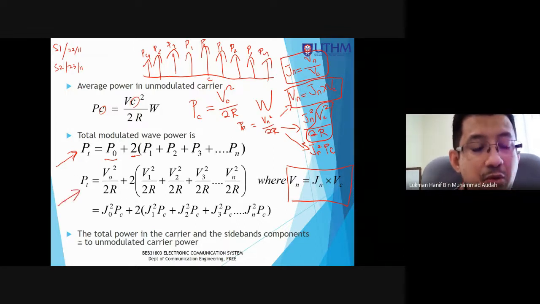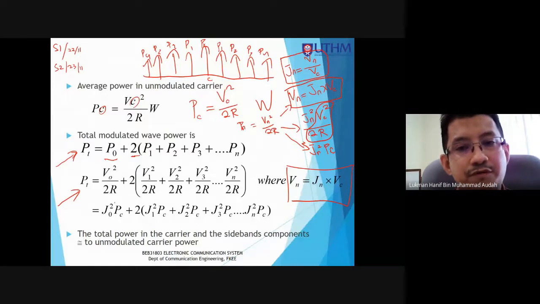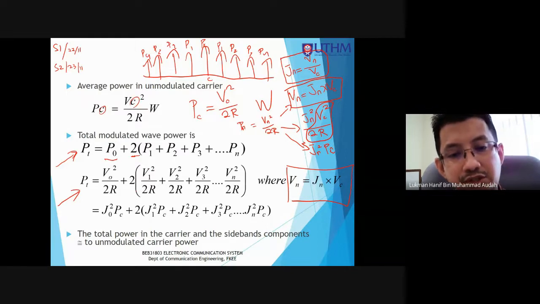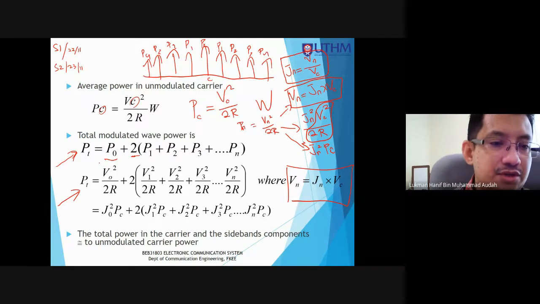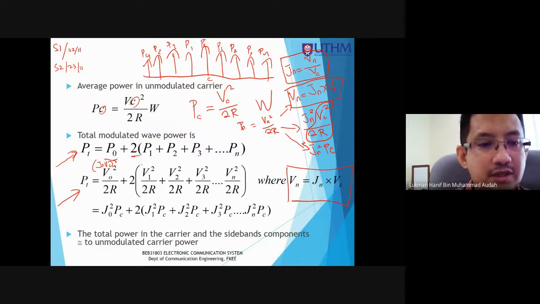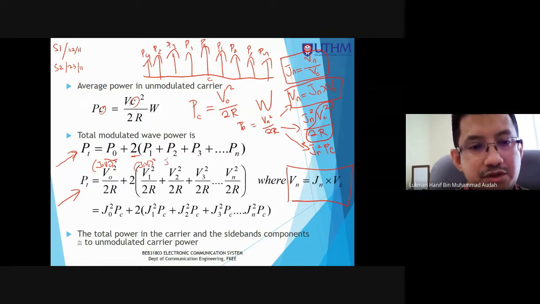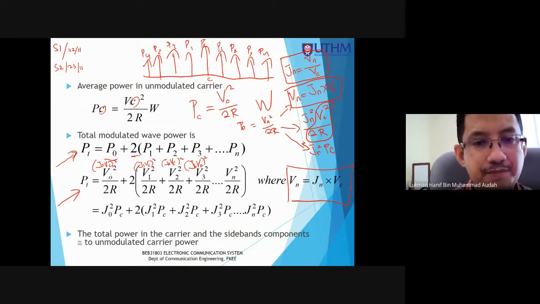So if you see from these equations, it is V0 square over 2R plus 2 times V1 square over 2R plus V2 square over 2R, V3 square over 2R until Vn square over 2R, where this V0 is J0 Vc, V1 is J1 Vc, V2 here is J2 Vc, V3 is J3 Vc until Jn Vc.